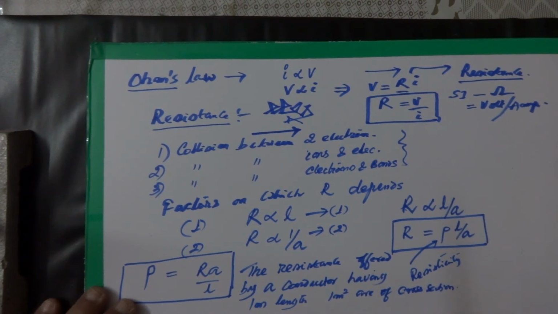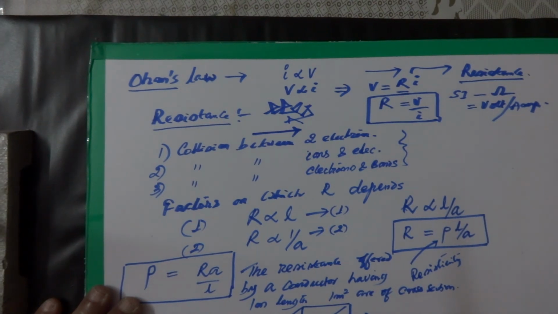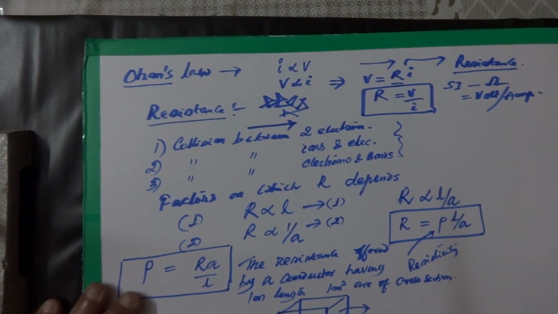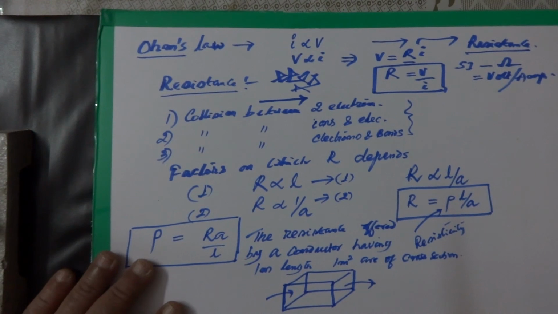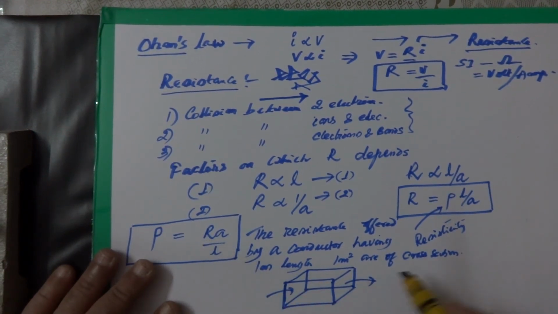Or you can understand it this way: suppose the current passes through two opposite faces of a cube, then the cube will offer some resistance, and that resistance is known as specific resistance.